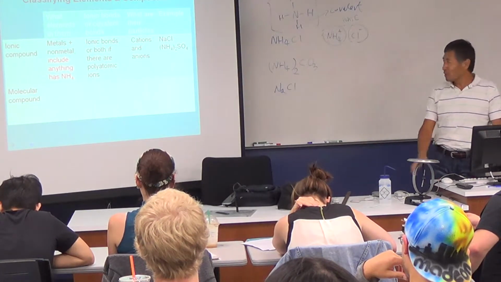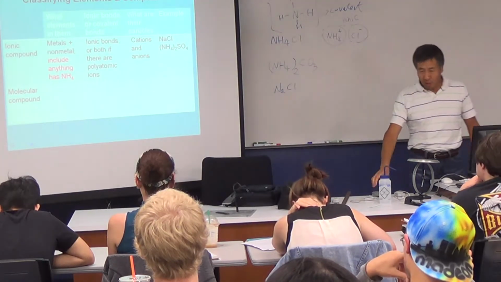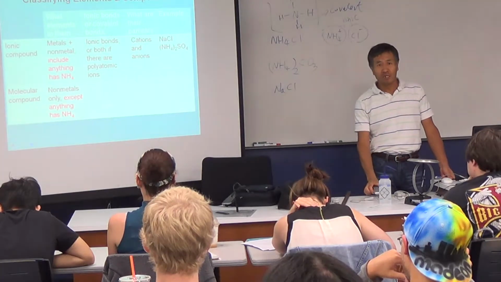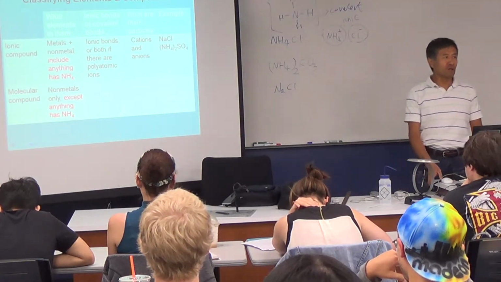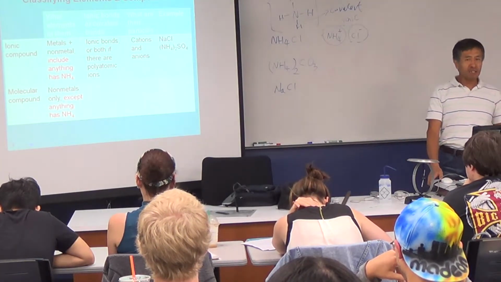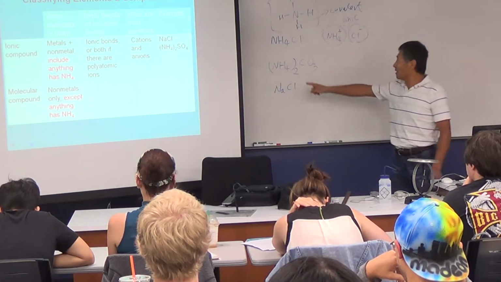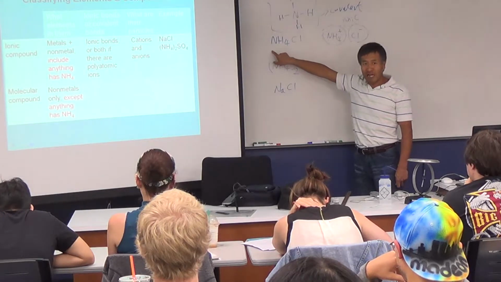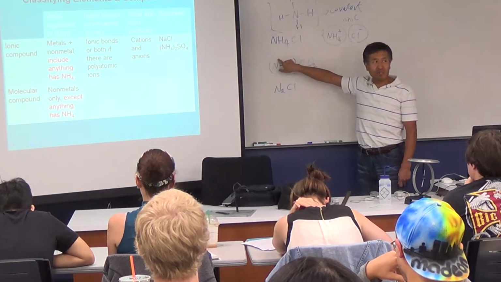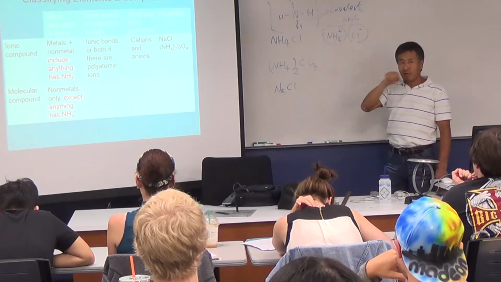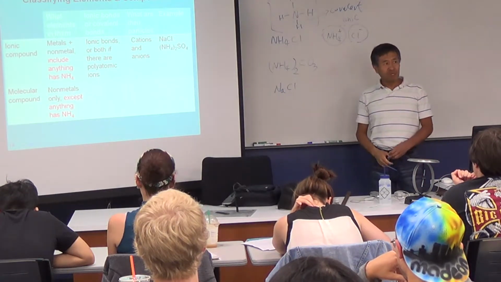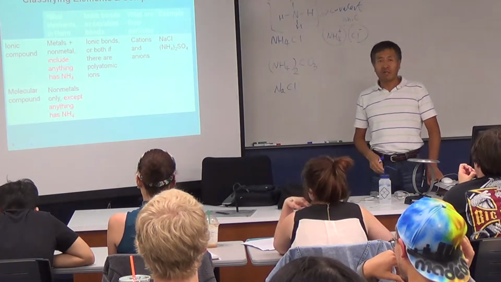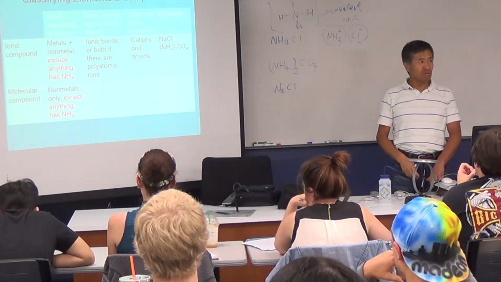So as we said before, there are some exceptions. Even though you might have a compound made of all non-metals, a very common example is NH4. NH4 is all non-metals, but even though everything is non-metal, that will be the exception.